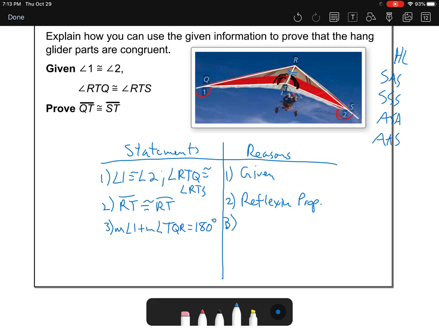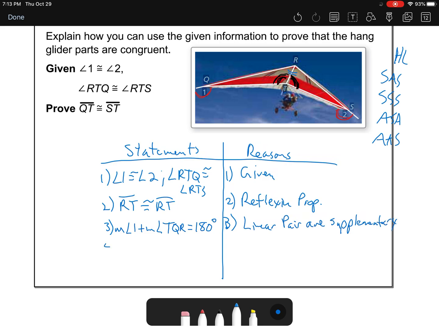Now look at it closely. Why would those two add up to 180? Angle 1 and TQR. Right, because they're a linear pair, right? Linear pairs are supplementary.